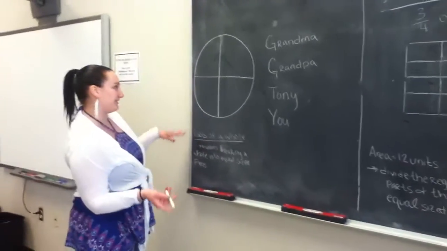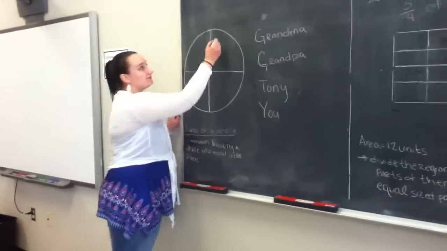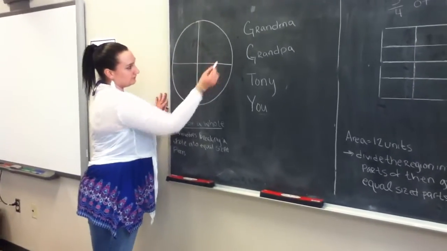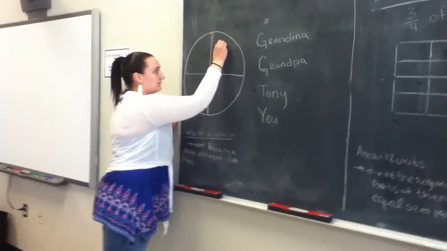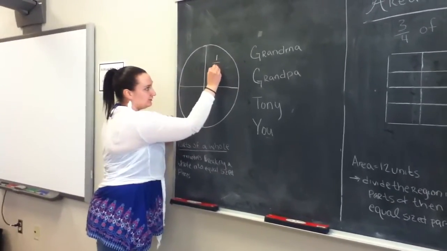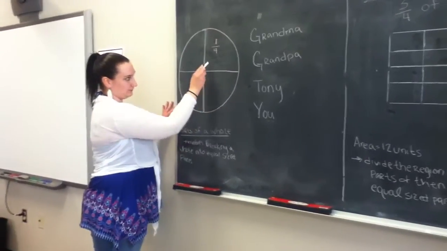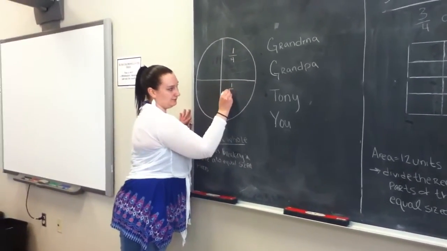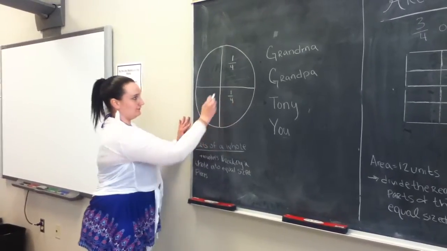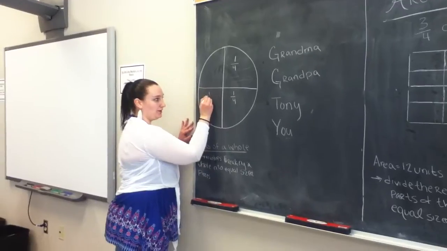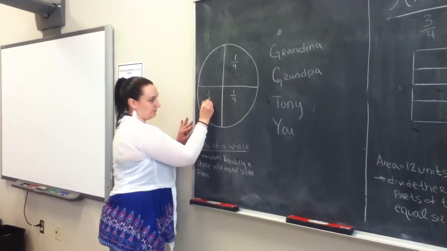Well, we can say that this piece right here is 1 slice out of 4 equally sized pieces. 1, 2, 3, 4. This is 1/4. This piece right here is also 1 out of 4.